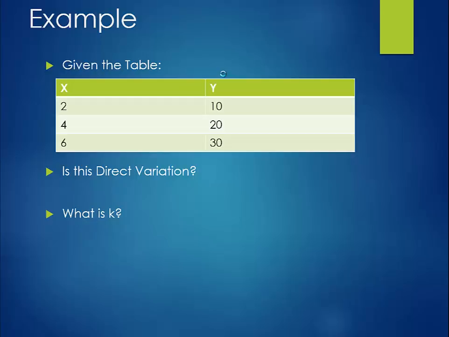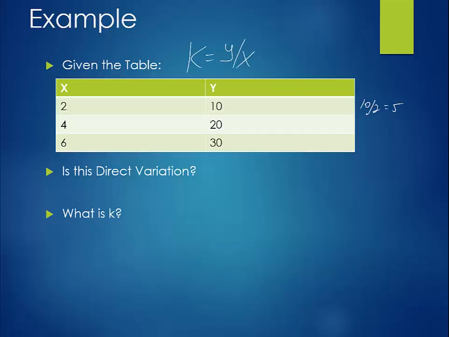So our first example with tables, we're given a table with our x values and our y values. Now we need to decide if this is direct variation. For direct variation, k is going to equal y divided by x. So we're going to have 10 divided by 2, which is 5.